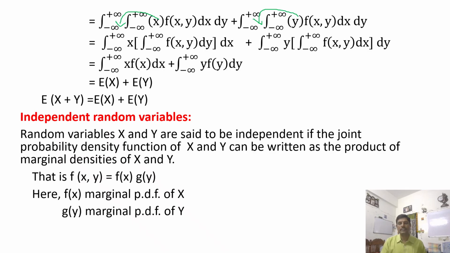Y into f of x y dx into dy, right? Now here, minus infinity to infinity f of x y into dy. What is it? Here we are doing integration with respect to dy.